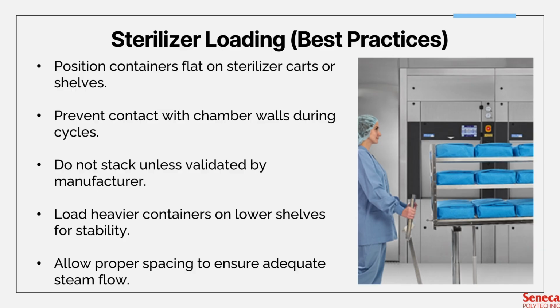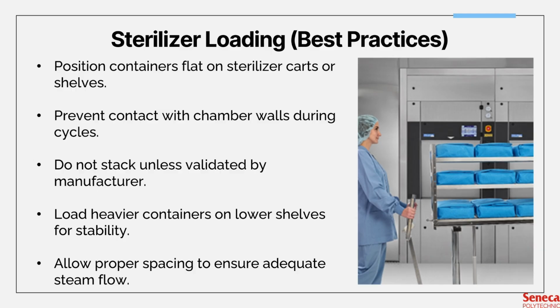Of course, another loading practice is that heavier containers are placed on the lower shelves of the sterilizer manifold to prevent tipping or shifting during the cycle. You have to allow enough space between each container so that steam or gas flow can circulate freely.